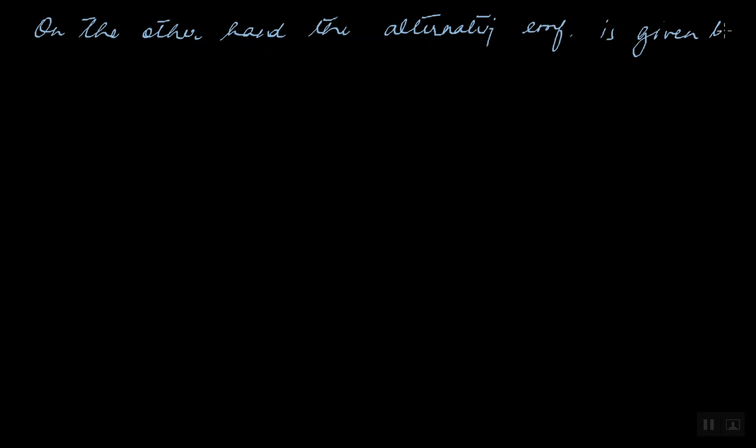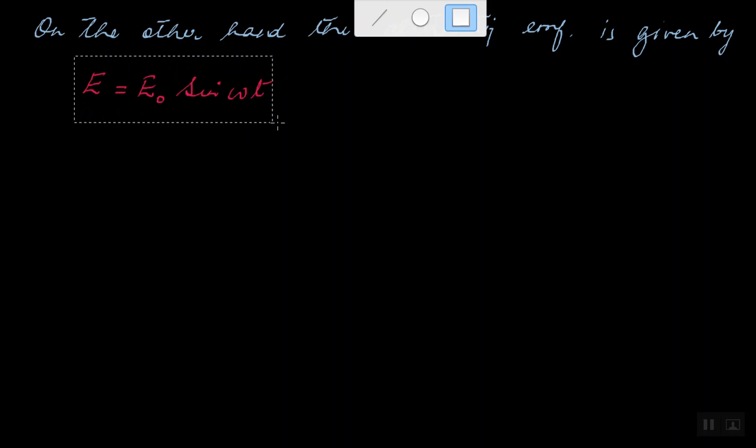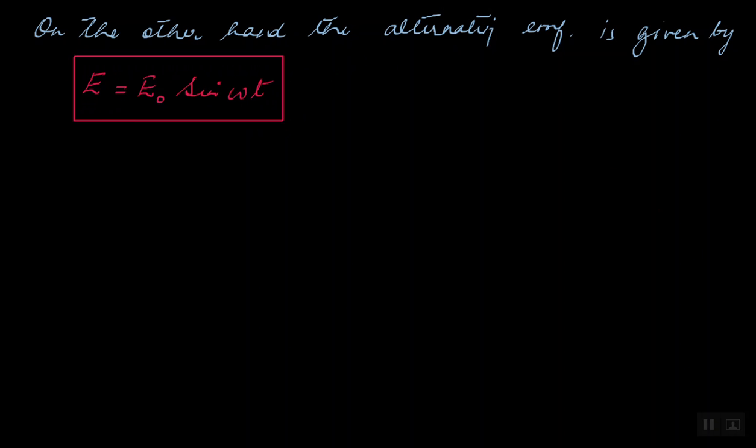On the other hand, the alternating EMF is given by E. Let me write with another color. Take this color. E is equal to E naught sine omega t. Okay, what are these values?